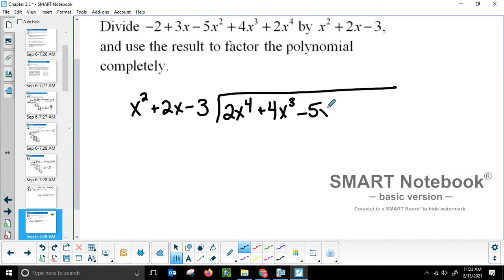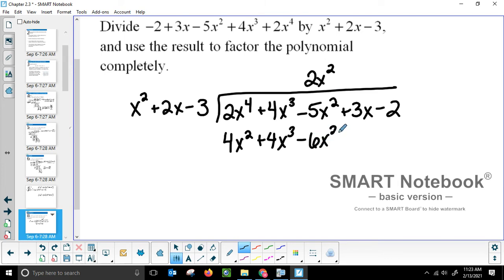Of course, we can always go through the steps. So what would I need to multiply this by to get this? 2x squared. And then if I multiply that, we would get 4x squared plus 4x cubed, and then minus 6x squared.